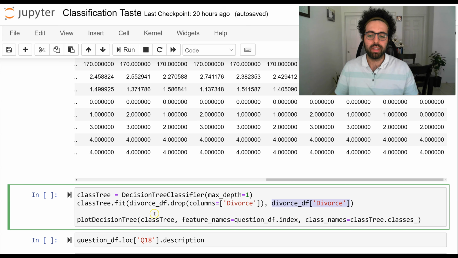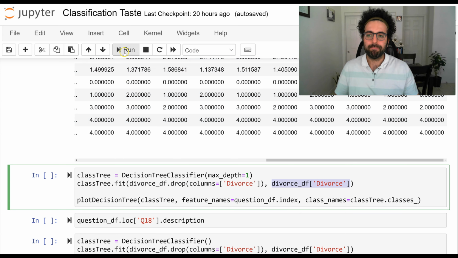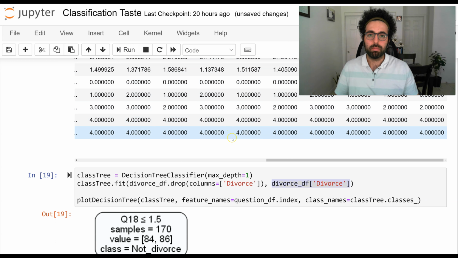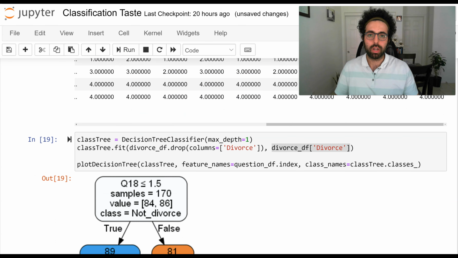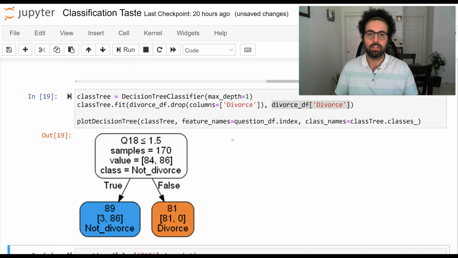Once I create this, the module and the algorithm find this decision tree to tell you about the patterns in the data: the people who answered Q18 with 0 or 1, they were more likely to be divorced.